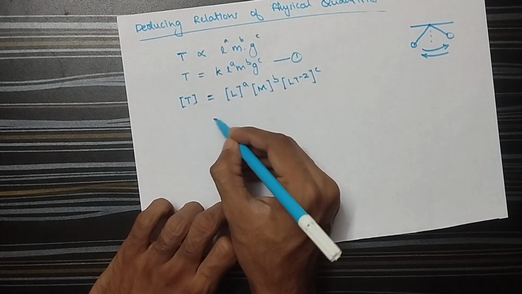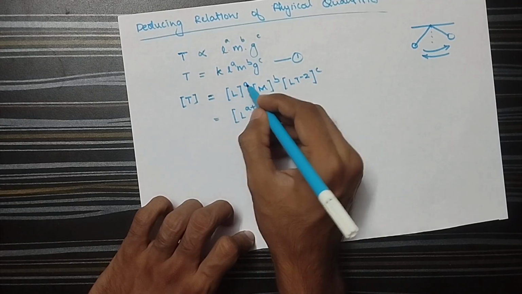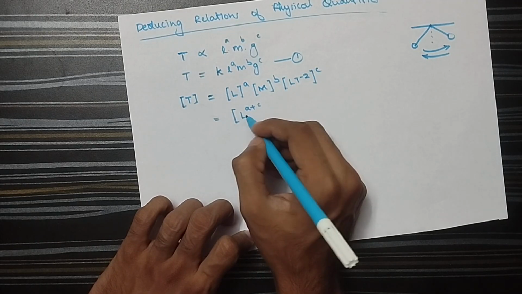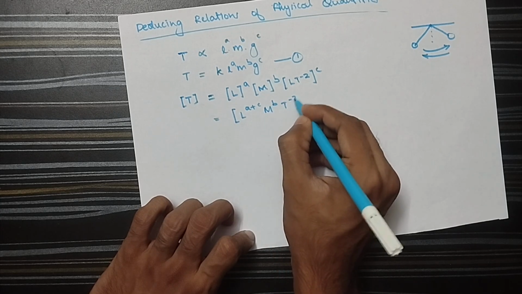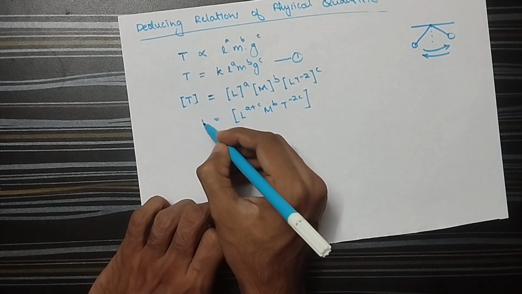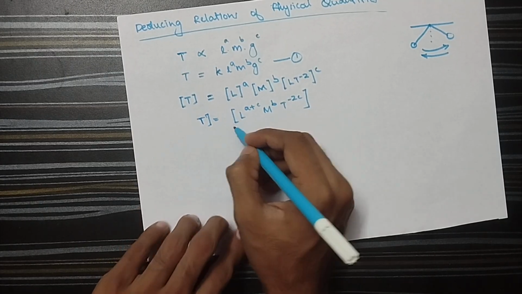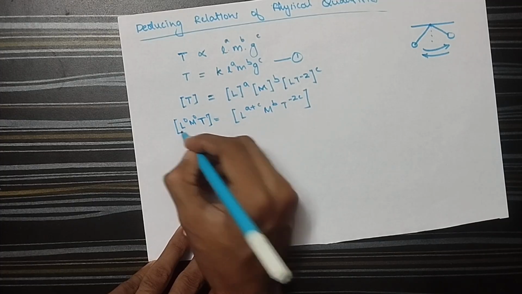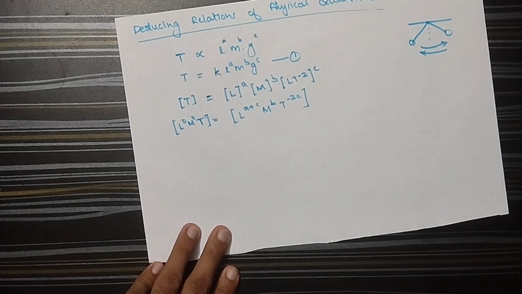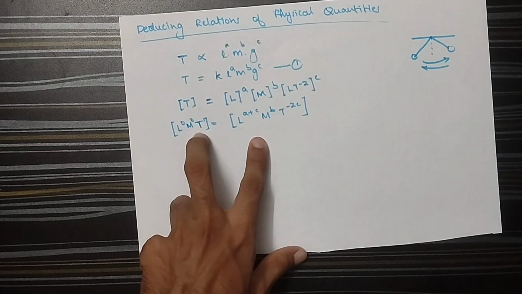If we solve this, we get L raised to a times L raised to c, so L^(a+c), M^b, T^(-2c). So T raised to 1 is here. We don't have M and L, so we can assume they are 0 dimensions, right? So we have a dimensional equation here.